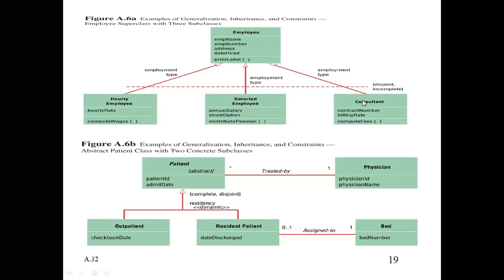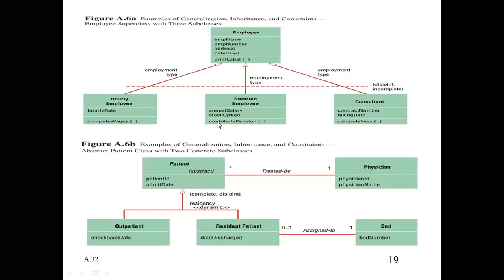And if it is a consultant, we have the contract billing rate, which is how he makes contracts with people and how he charges. In every case, if it is an hourly employee, we calculate pay based on per hour, so we can compute the wages.